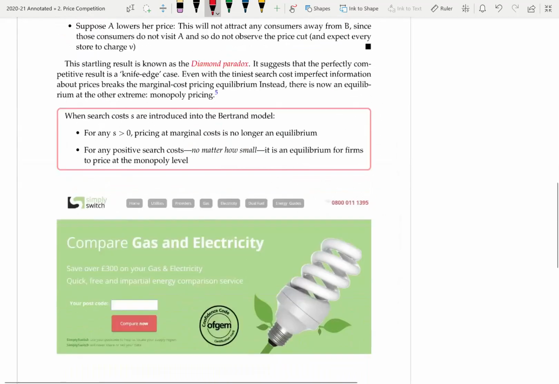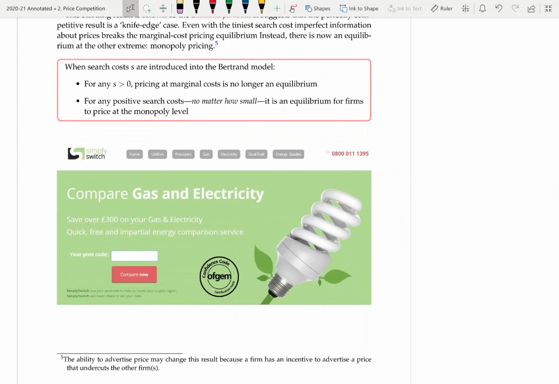To summarize, when search costs are introduced into the Bertrand model, for any level of search costs, it's no longer an equilibrium to price at marginal cost. And for any positive search costs, no matter how small, it's an equilibrium for firms to price at the monopoly level. So what are the implications of this result? Well, it implies that search costs give firms monopoly power.